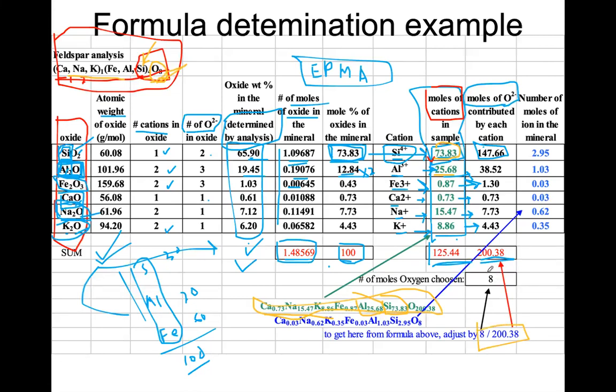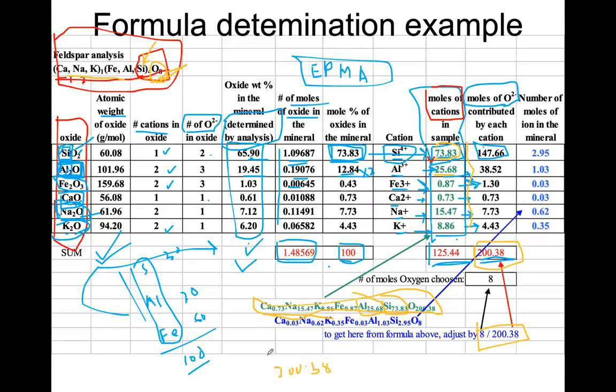So the entire number of oxygen moles which you require for representation of each of these cations is 200.38 according to this analysis, right? Then to represent the ideal composition, that means 8, you need 200.38 oxygen moles to represent the entire molecule here, but we need to recalculate how much is necessary for 8.